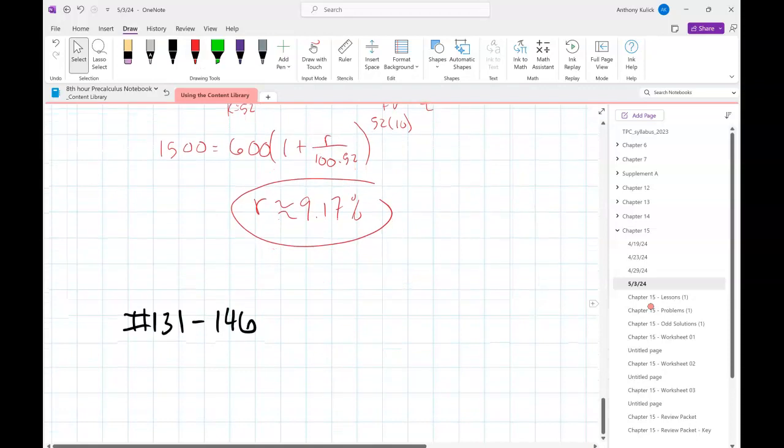131 through 146 is the start of the next problem set. Sunday is just 37 through 130. A lot of us have already done that, it seemed like. And the Delta Math. This 131 to 146 will be for the following Sunday. So for Sunday, it's just the 37 through 130.